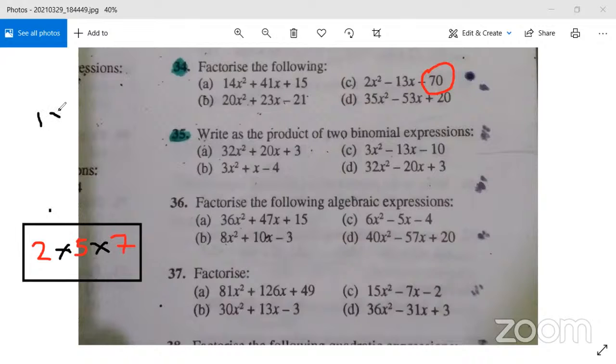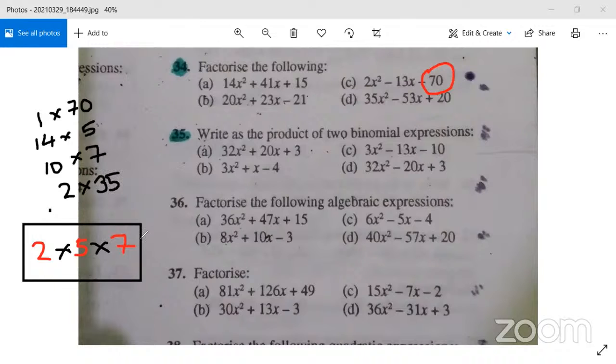So you have 1 times 70. You will have 2 times 7, which is 14, 14 times 5. You'll also have 10 times 7. And you will have 2 times 35.